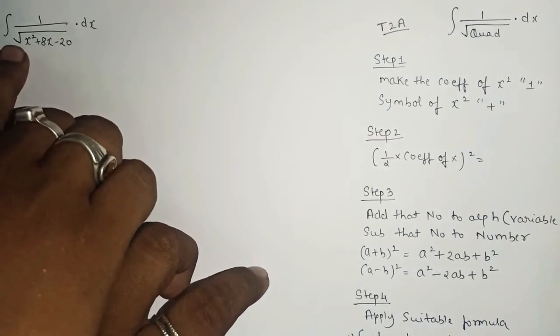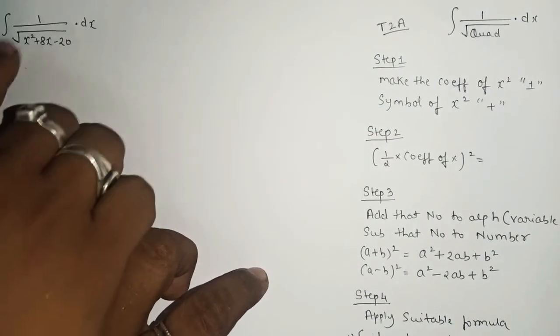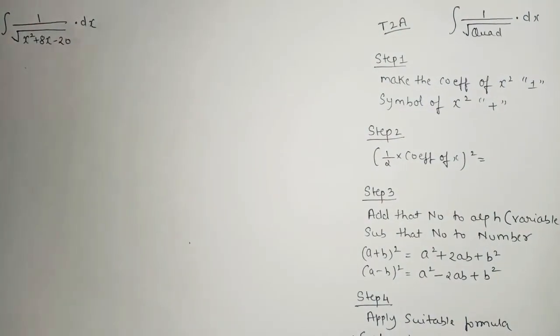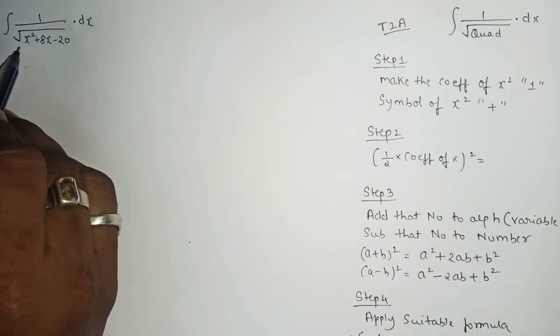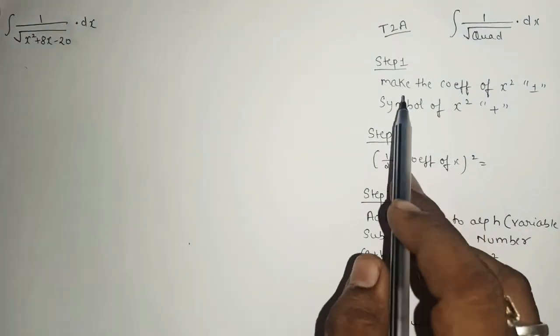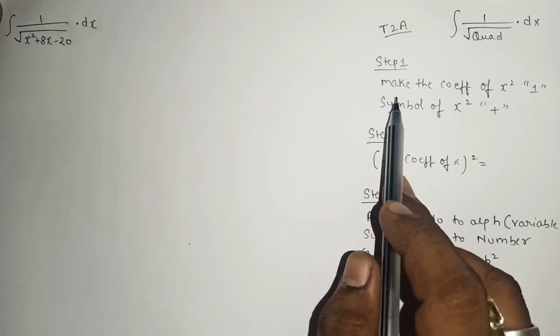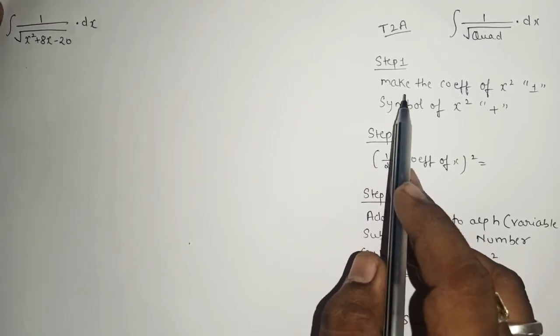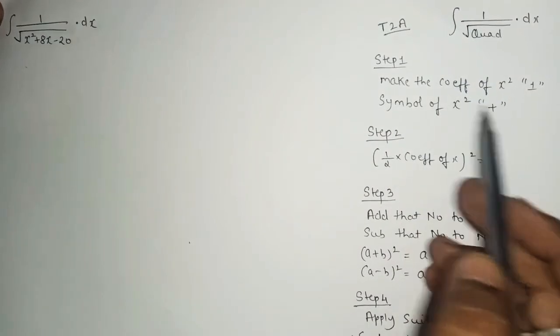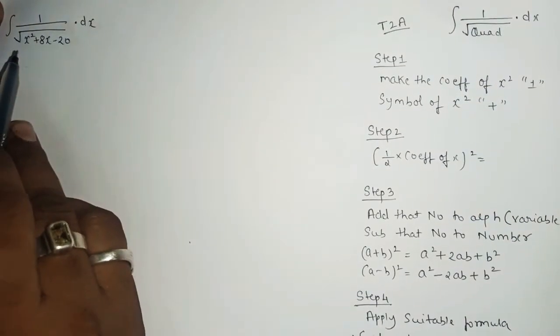Here can you see the integral is in the form of 1 upon root quadratic, yes or no? Here the coefficient of x square is 1. So the first step is the same as in type number 1A also: make the coefficient of x square 1, and the symbol of x square should be positive.